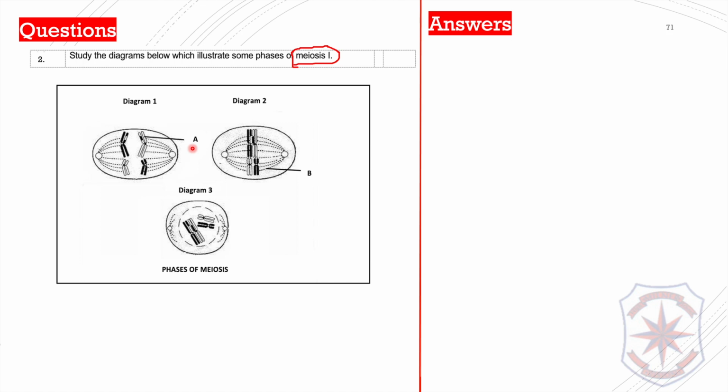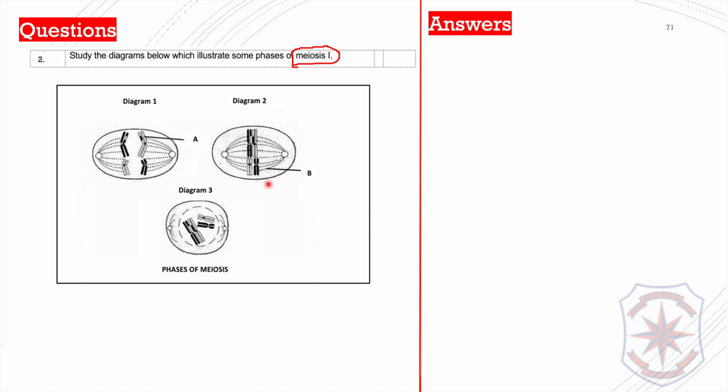Something that I forgot to tell you in the past: examiners will never include unlabeled parts such as part A and part B if they are not going to ask something about them. They're either going to ask you directly to label them or to identify them, or they can ask you an indirect question relating to that particular part that is included but not labeled.